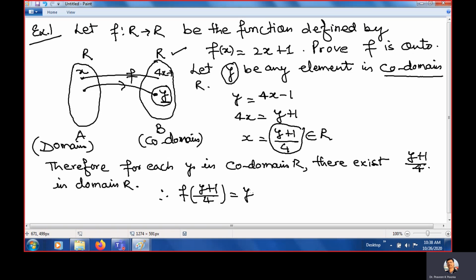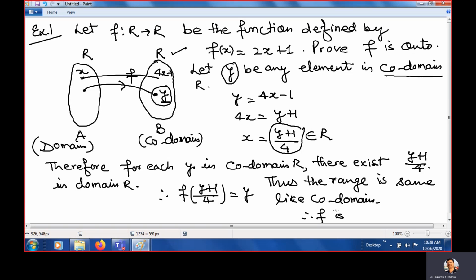Clear? Thus, the range is the same as the codomain. Therefore, f is onto.